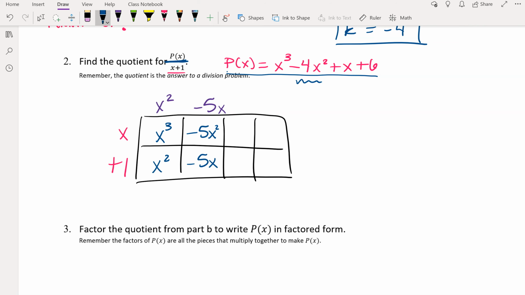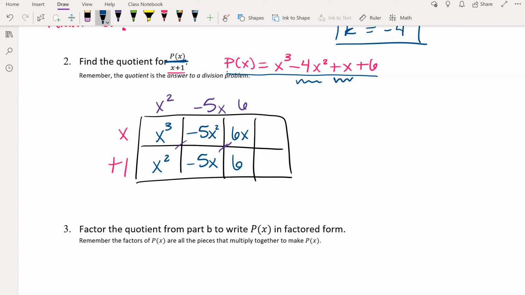How many x's do I see in my numerator? Just 1. So I'm going to put 6x here, because -5 and 6 add to 1. And then on top we get 6, because x times 6 is 6x. And then lastly we get 6 inside.